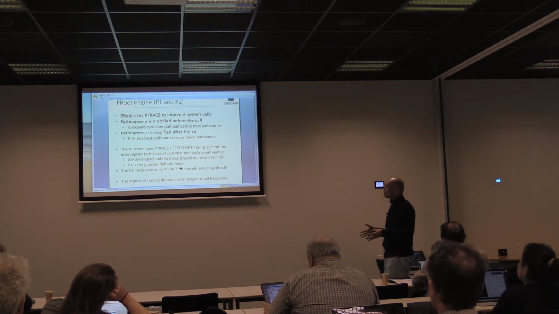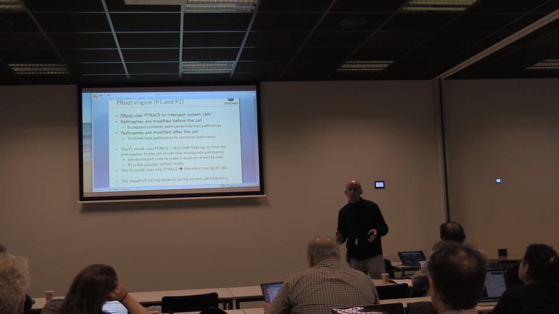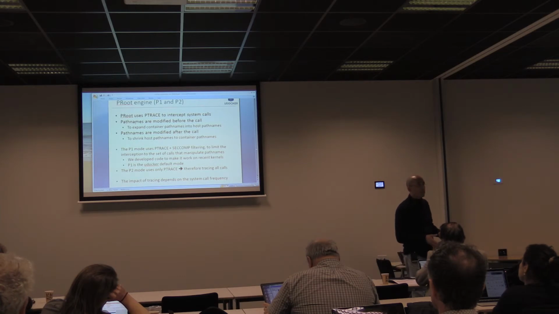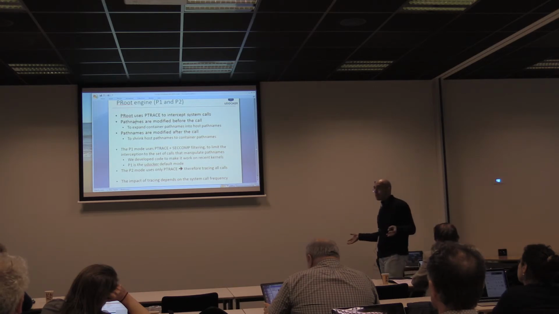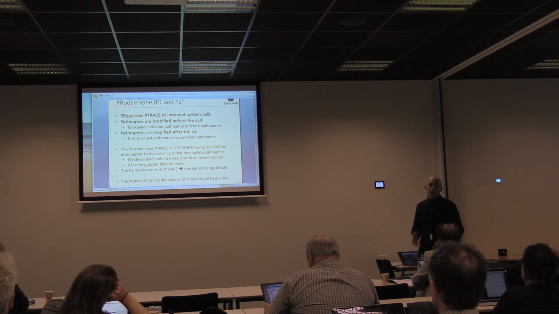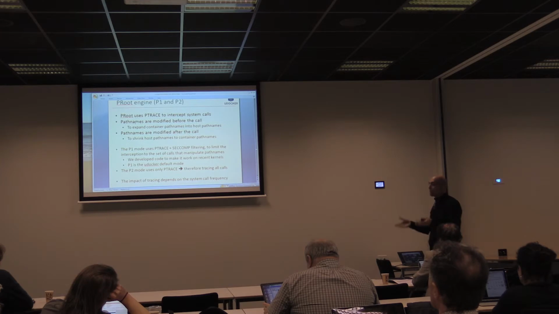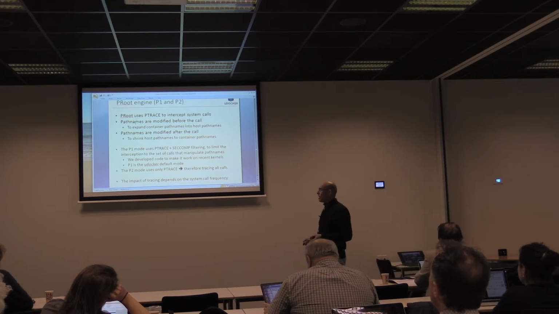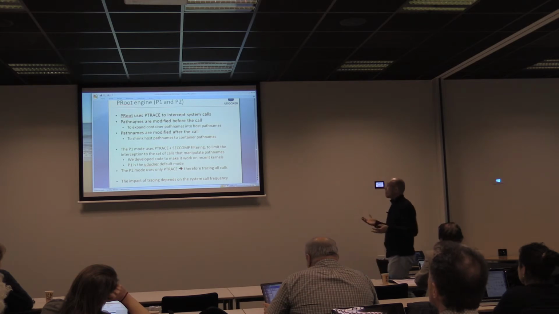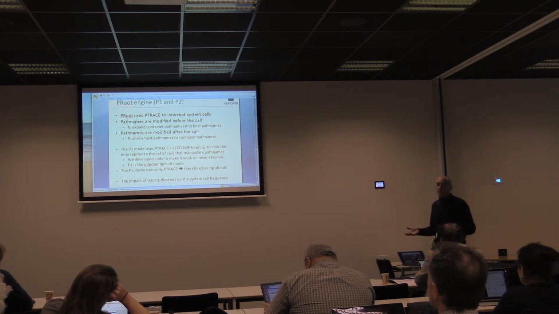How this works depends a bit on the capabilities of the kernel. If you are on CentOS 6, ptrace will intercept all system calls. So if your application is doing a lot of system calls, this can become slow. If your application is compute intensive and does not make that many system calls, which is often the case, then it's perfectly fine.